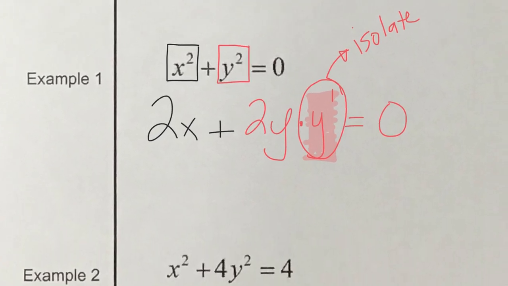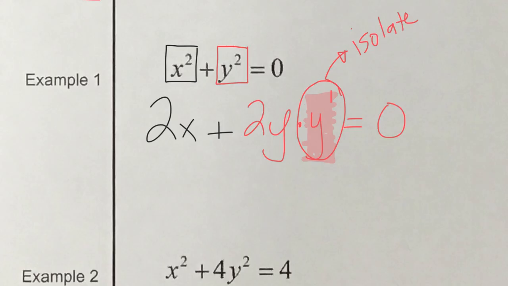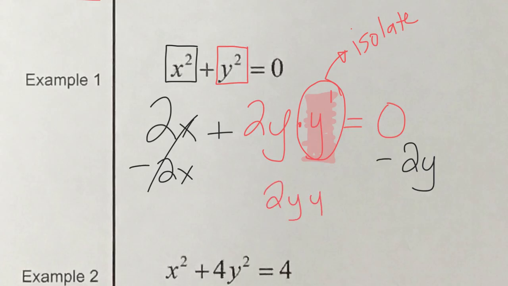So our first step would be to subtract this 2x to the right side. We want to isolate y prime, which means get y prime by itself. So 2y times y prime equals negative 2x. Sorry, that should be an x over here, not a y.